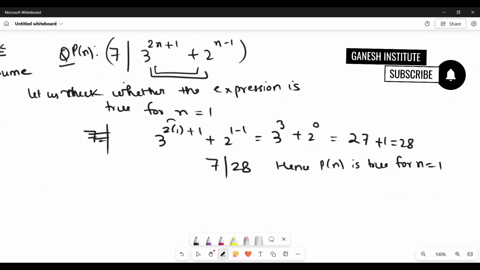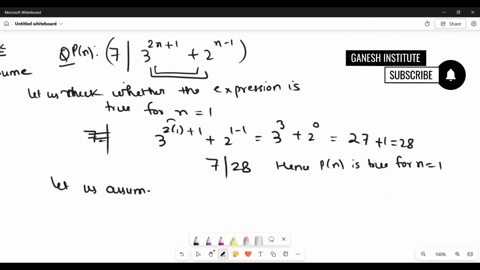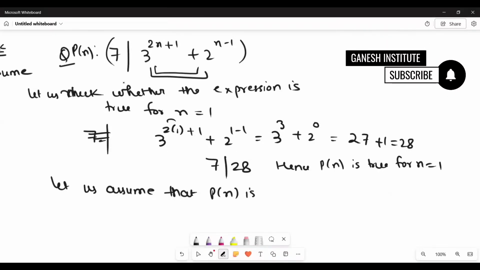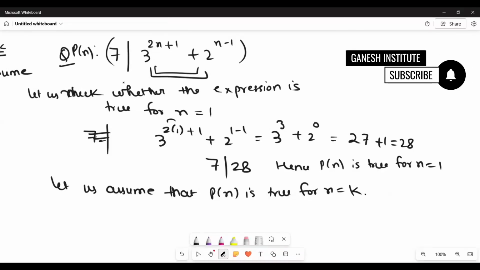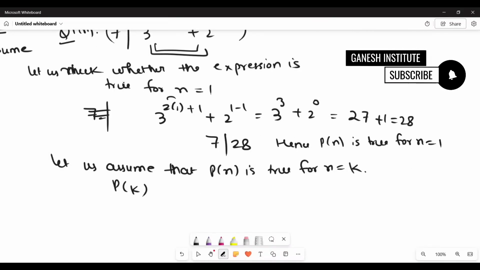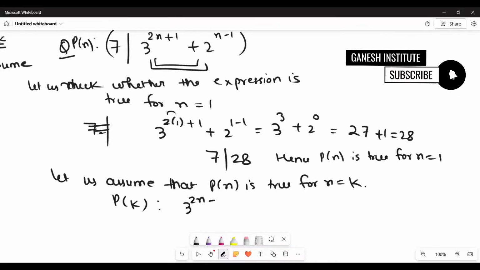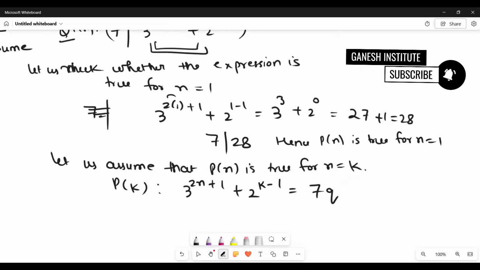And then let us assume in step 2 that Pn is true for n equals k. If it is true, that means if you substitute k in place of n, it will give you 7q, a multiple of 7, where q can be any integer.